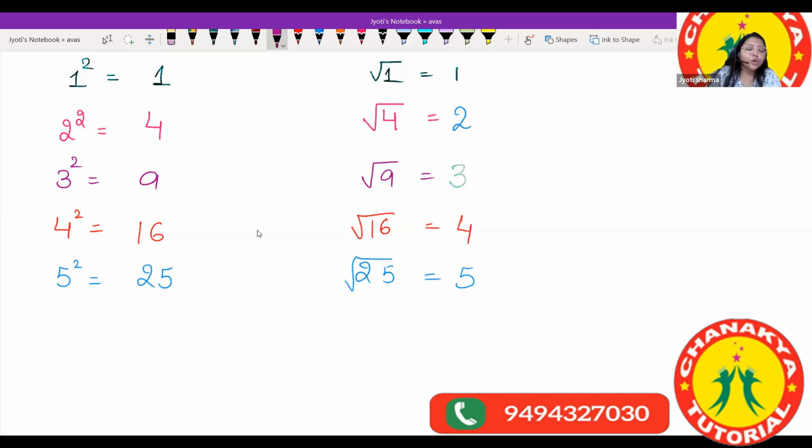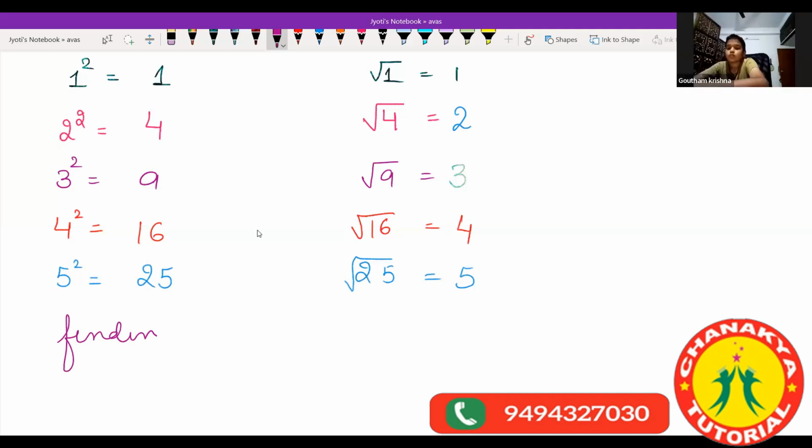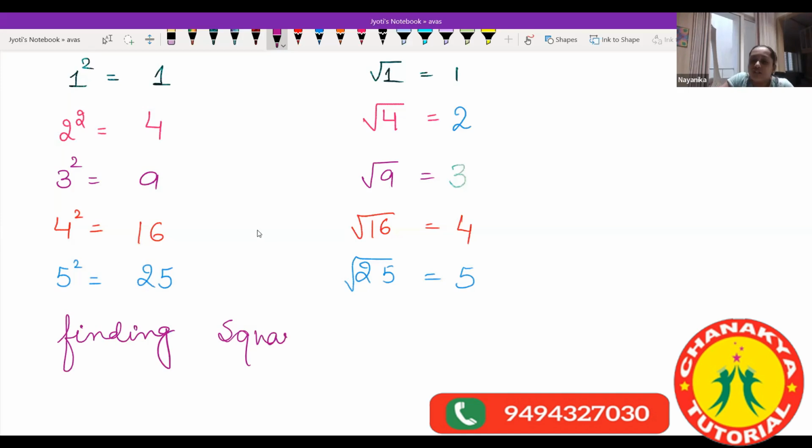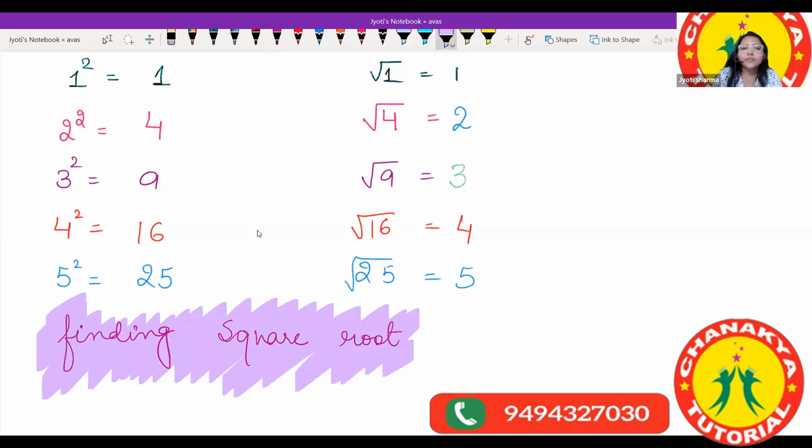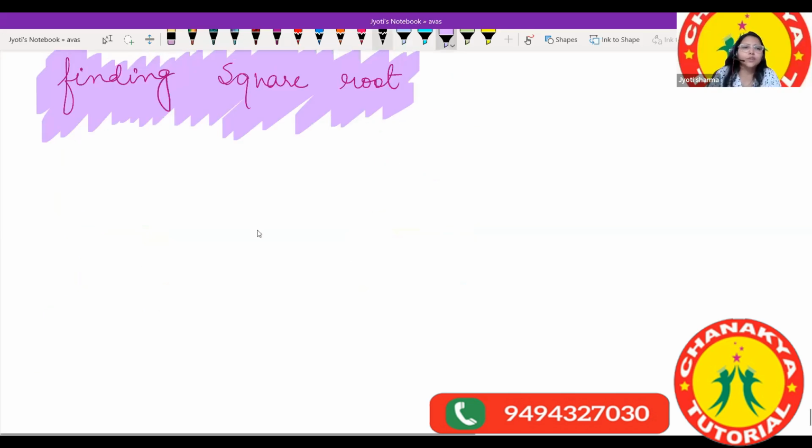So what are the methods for finding the square root? Ma'am, prime factorization. Prime factorization, okay. And long division. Long division, okay. Anything else? Perfect. First you told me prime factorization, which is absolutely correct.